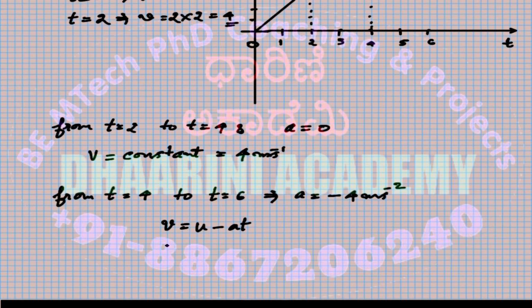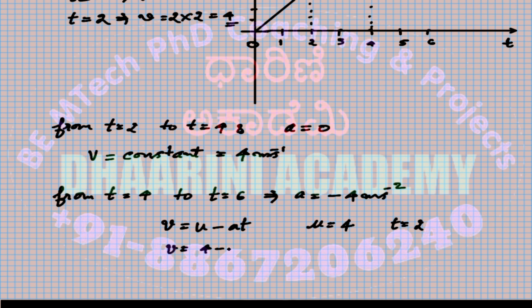So at the end of 2 seconds, what is the value of velocity? In this case, u is equal to the initial velocity, plus 4. The time of this motion is 2 seconds, because starting from 4, it will move only till 6. So the final velocity at the end of the 6th second is 4 minus 4 into 2 seconds.